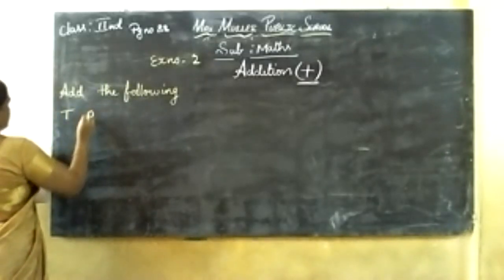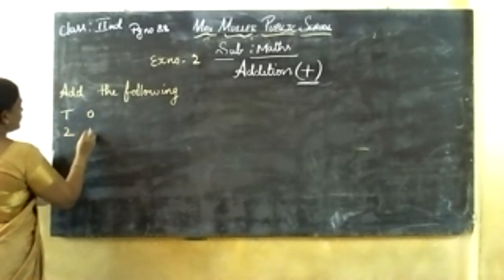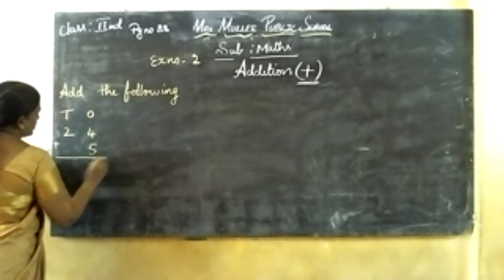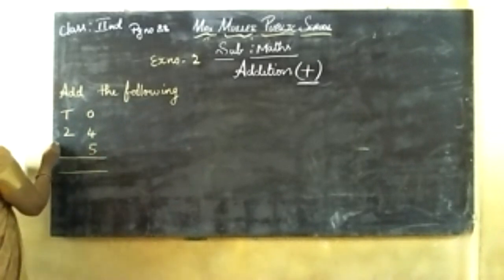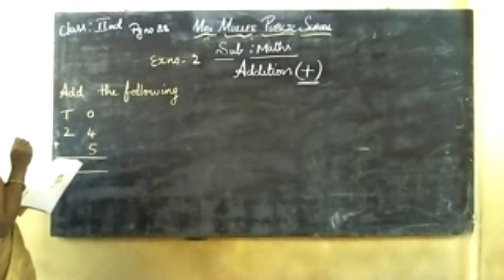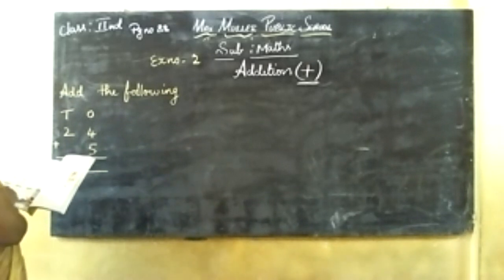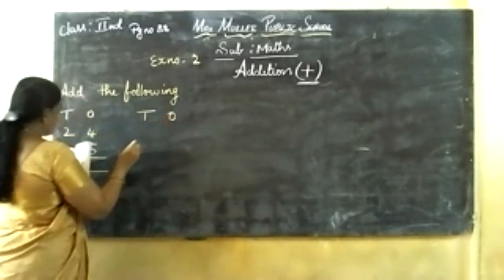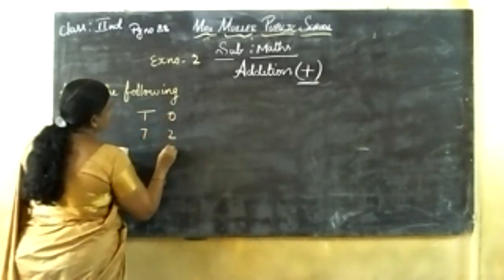Tens, ones. 2, 4, 5. Here is the plus sign. Whenever you do addition, you must use the plus sign. First you put the plus sign. Don't forget to put the plus sign. Second one, tens, ones. 7, 2, 7.